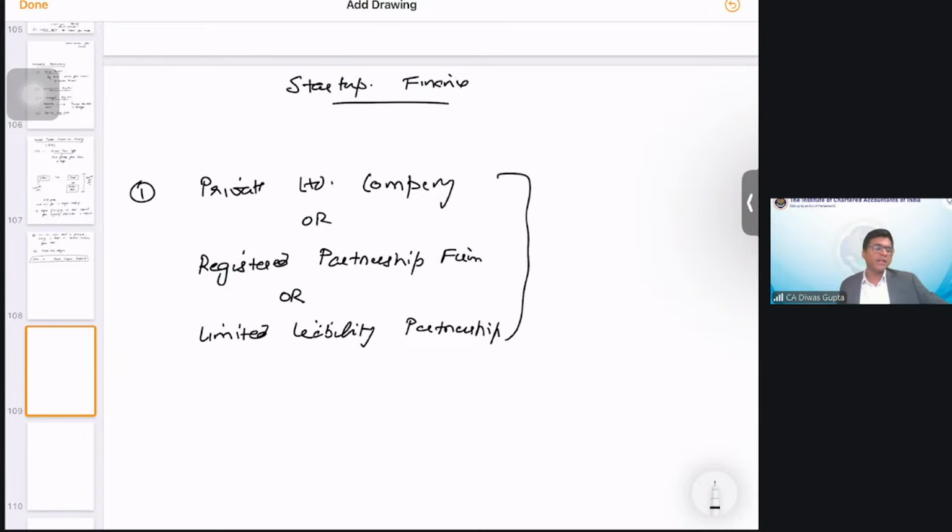We call it LLP, right? These should be some of the legal forms of a startup. Actually, this definition is given by the government of India through one of the notifications. What they're trying to do is eliminate any sole proprietorship from being called a startup. The reason is very simple: it has to be in the form of an organized legal entity, which has to be separately registered in the form of a partnership firm, limited liability partnership, or private limited company.